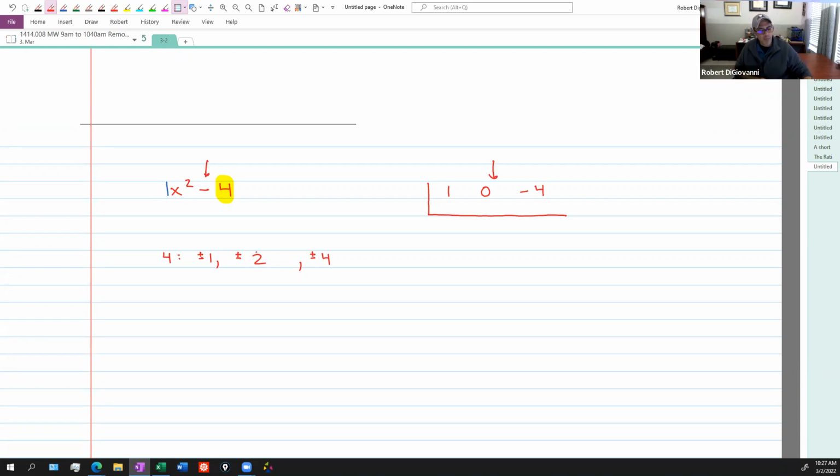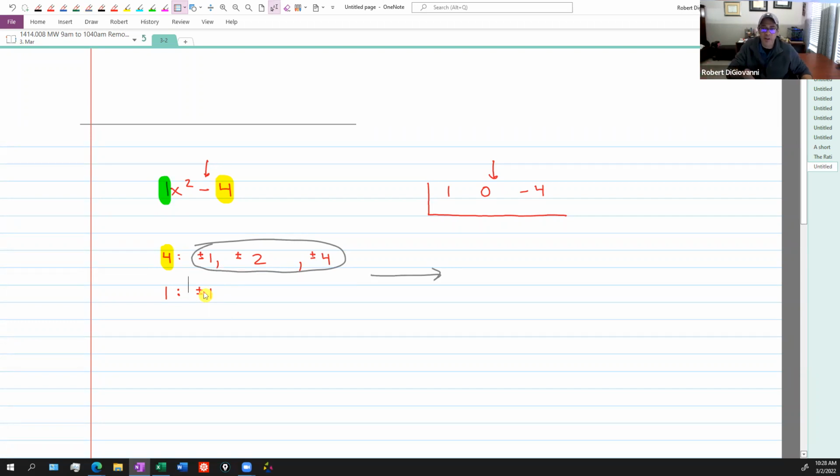And then what about the number in front? Well, it's a 1, and this is the best case scenario. Whenever you have a 1, the only factors of 1 are positive and negative 1. So when you create your final list, you've got to take all of those and divide each of those by what? ±1, but that doesn't change it.